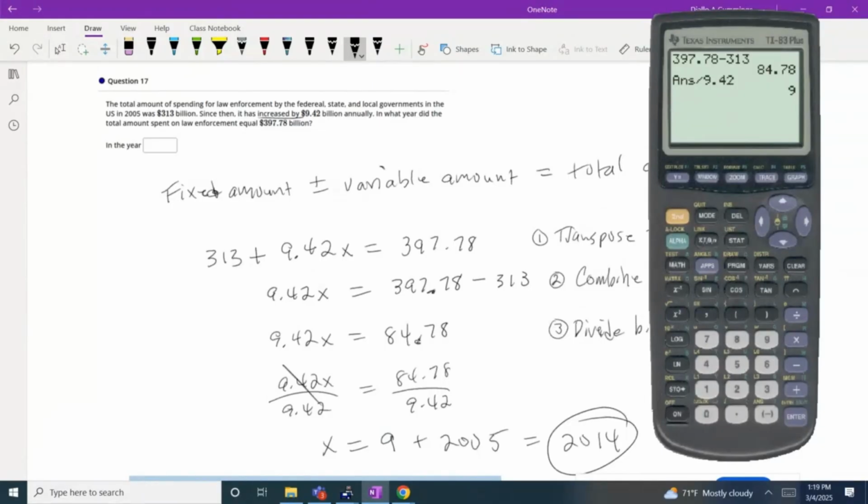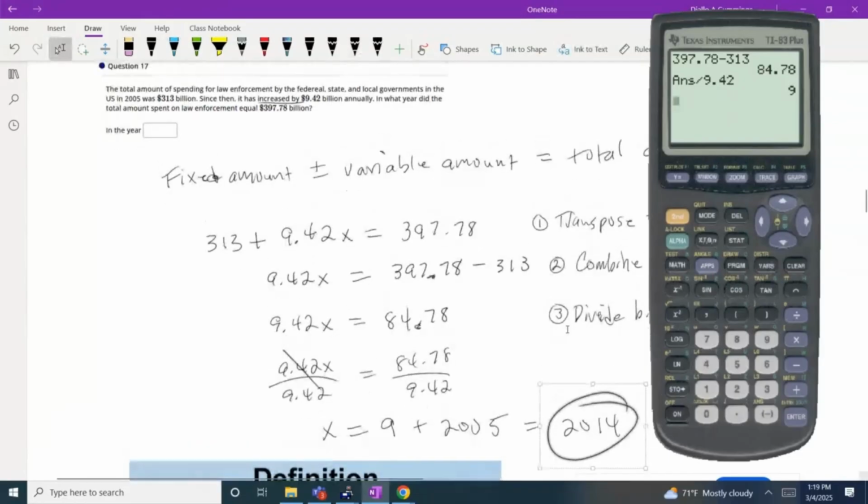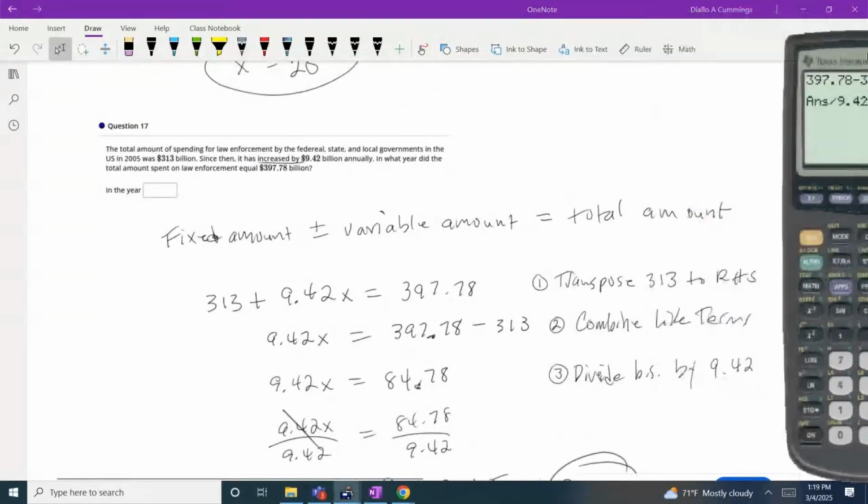So in the year 2014, the total amount spent on law enforcement was the 397.78 billion. Any questions about number 17?